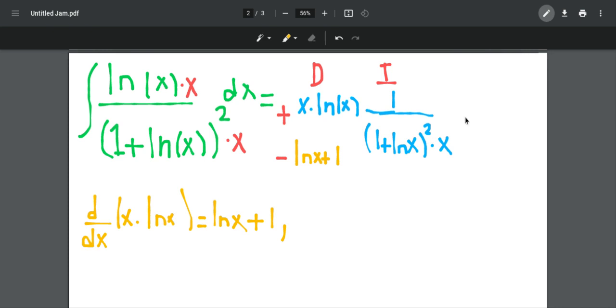When we put it in the u world, we see that the x's cancel. We integrate 1 over u squared, which is negative 1 over u. But what is u? u is 1 plus natural log of x. So the integral is negative 1 over 1 plus natural log of x.